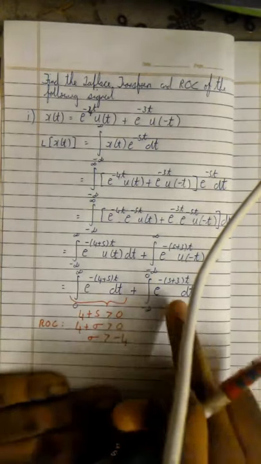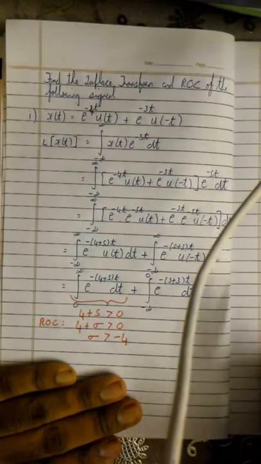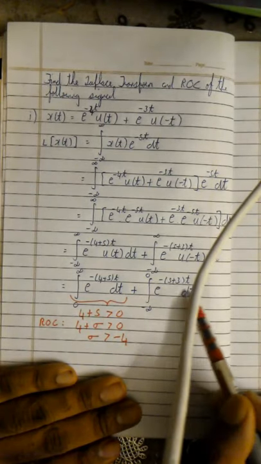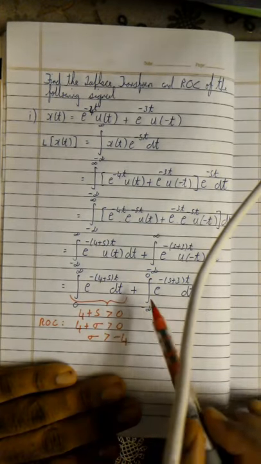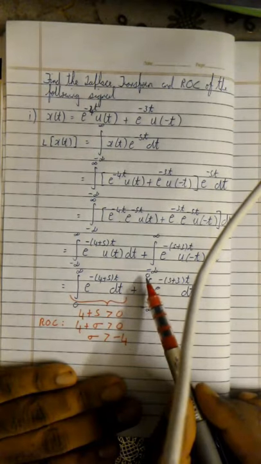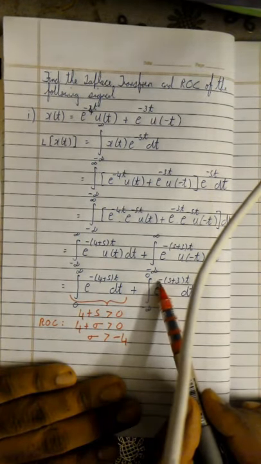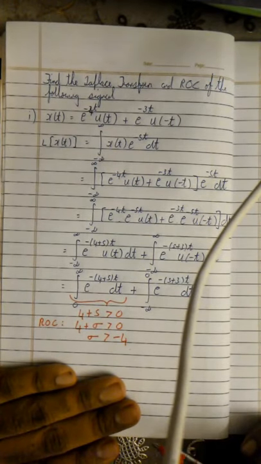Now let us look at the region of convergence of the second term. Here, like I said before, the power of the exponential must be negative. If you look at this power, the value of t over here is always negative, the values are ranging from minus infinity to 0. So t is negative and there is a minus sign over here. So minus of negative t becomes a positive value, which means s plus 3 must be a negative value.